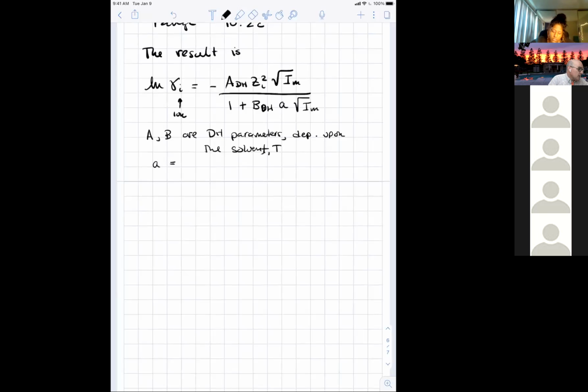A is what we call the mean ionic diameter. Let me write this in red. This is usually taken as an adjustable parameter, but the sizes you get out of this are, let's say, picometers, right?